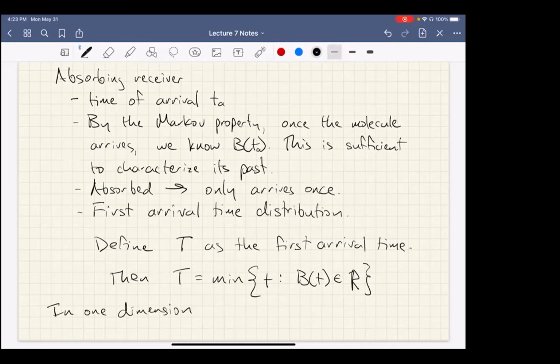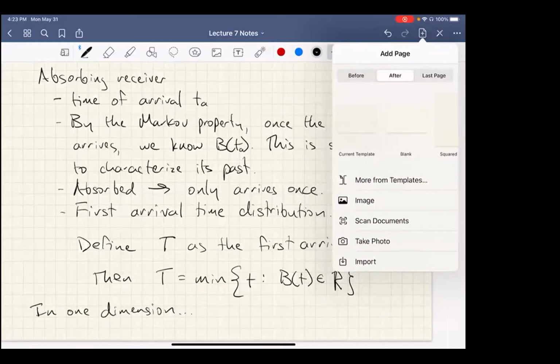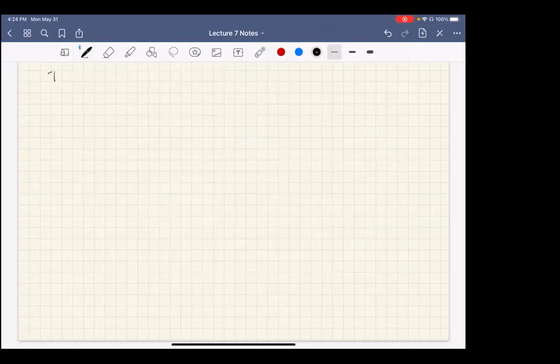actually, let's continue that discussion on the next page. In one dimension, we have the following setup. So here's my one-dimensional line. Here's my absorbing receiver in one dimension.